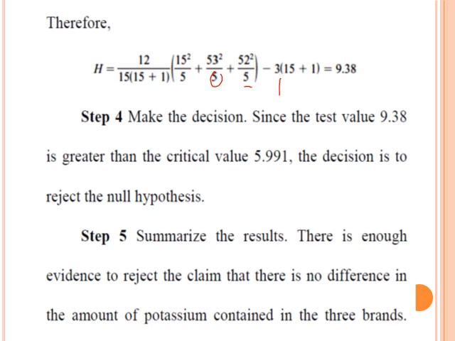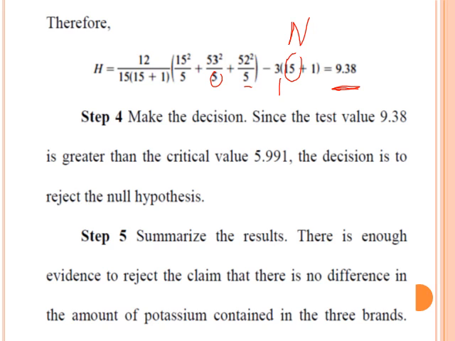Minus 3 times (N plus 1), where we have 3 groups and the total sample size N equals 5 plus 5 plus 5, and plus 1. Use your calculator to get the value for the Kruskal-Wallis test, the H formula, which equals 9.38.